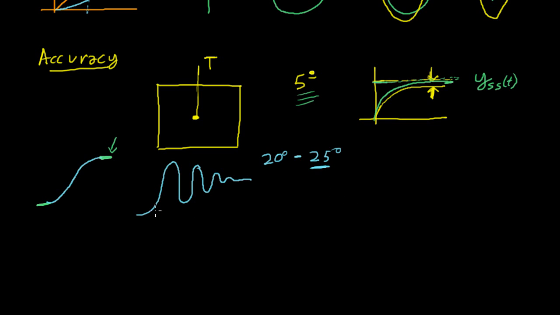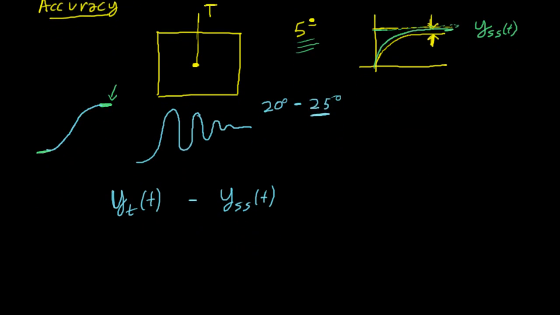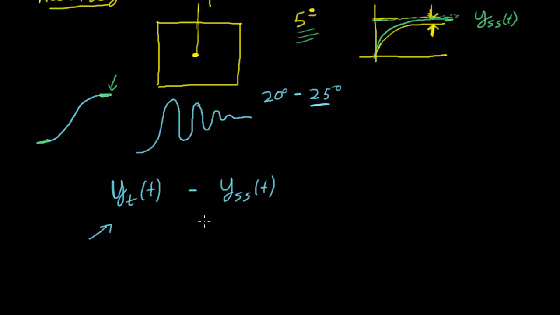So the purpose of our control designs will be to shape both the transient response, yt of t, and the steady state, yss of t, since specifications concerning both of them will be given to us.